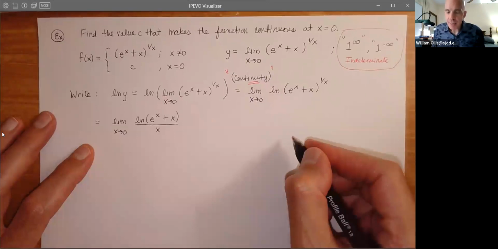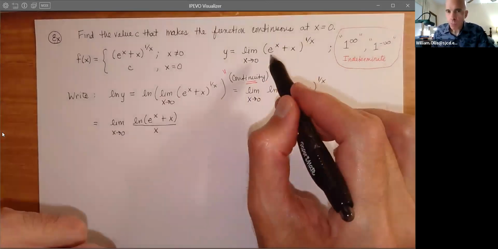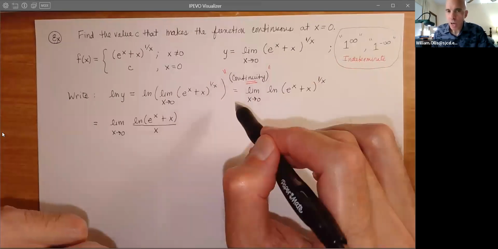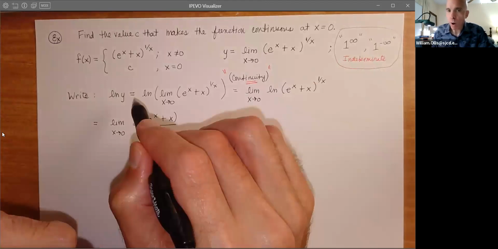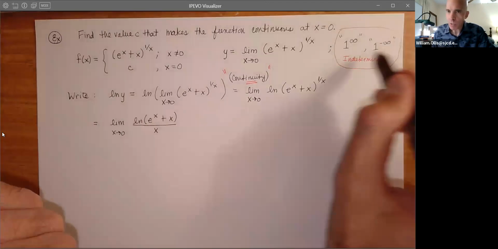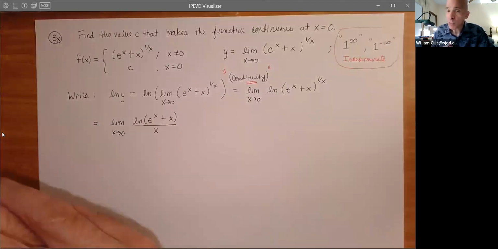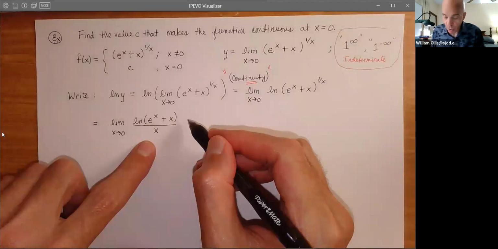So the idea is, if y is an issue for us, we can use the continuity of the natural logarithm to investigate what's happening to the natural log of y as x approaches 0. Can it help us understand what's going on over here? And the answer is yes. Now we look at this as x approaches 0.